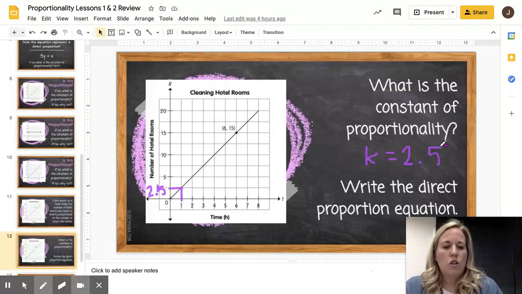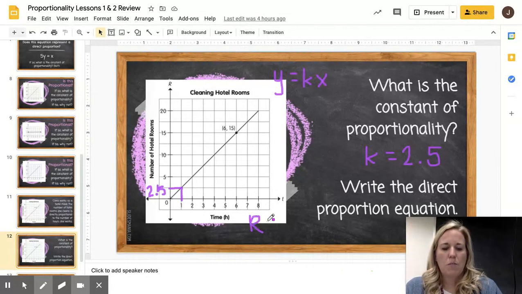Now this is where it can be a little tricky with the direct proportion equation. Like I was saying before, normally we say y equals kx, but we're not using y's and x's in this case. Instead, we're using t's and r's. So I just got to put it in the right spot. So instead of my y, here's my y-axis. I see that it's the variable r. I'm not sure why it's capitalized.